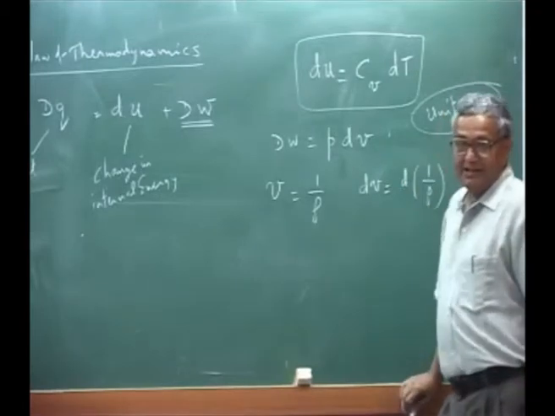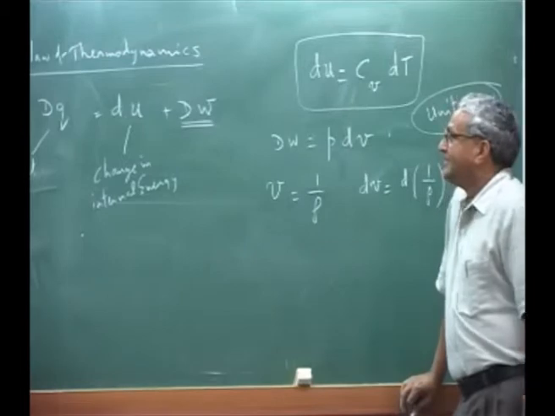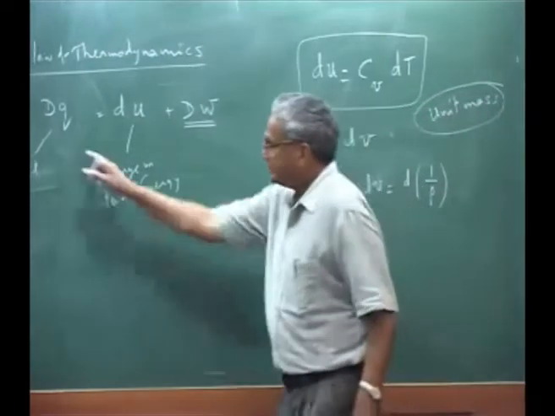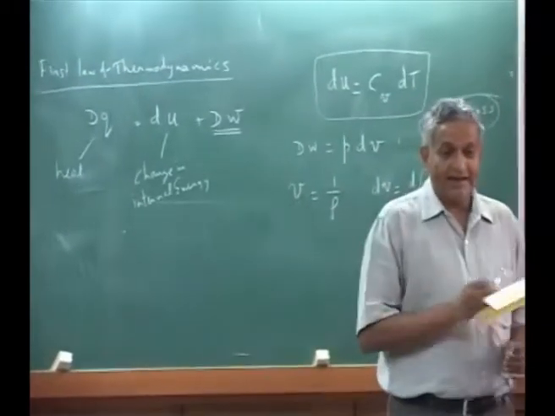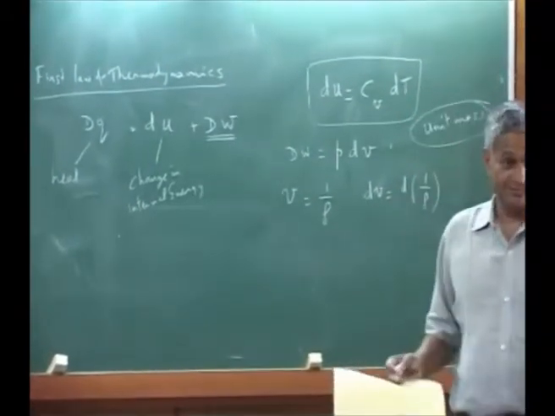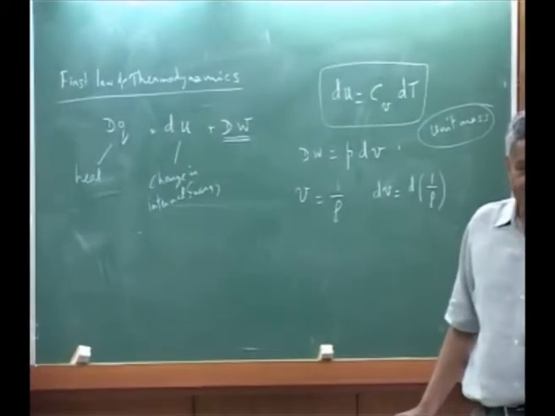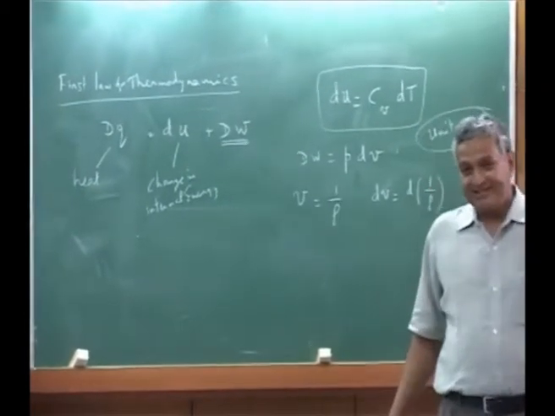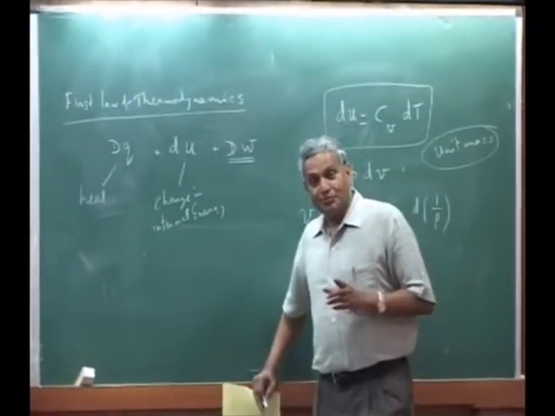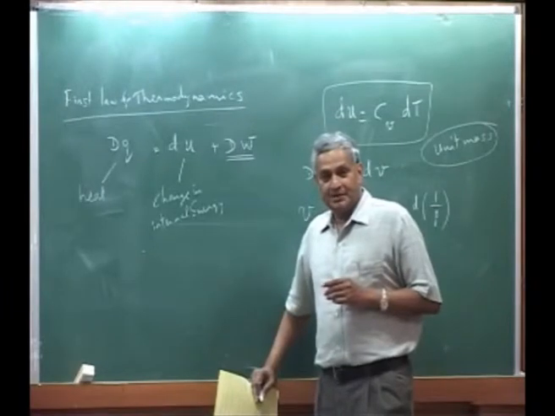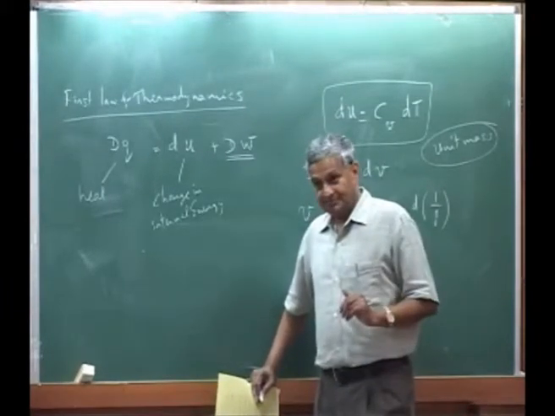Now you start making assumptions. I am going to say I am not adding any heat. This is an adiabatic process, that means dQ is 0. Then I also impose the condition of whether it is reversible or not reversible.